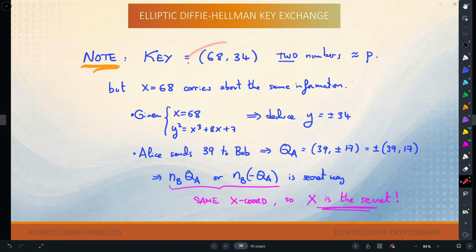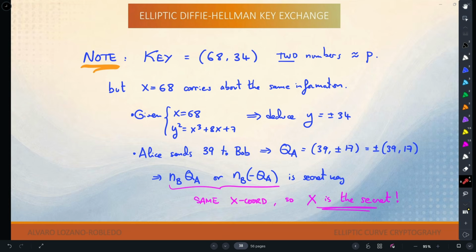Now, once you start talking about actually implementing this, you don't want keys to be very large. And here one problem is that the key actually has two components. Each one of those is a number modulo p, so it's a number as large as p. So now the key has doubled in size from the original Diffie-Hellman problem modulo p.